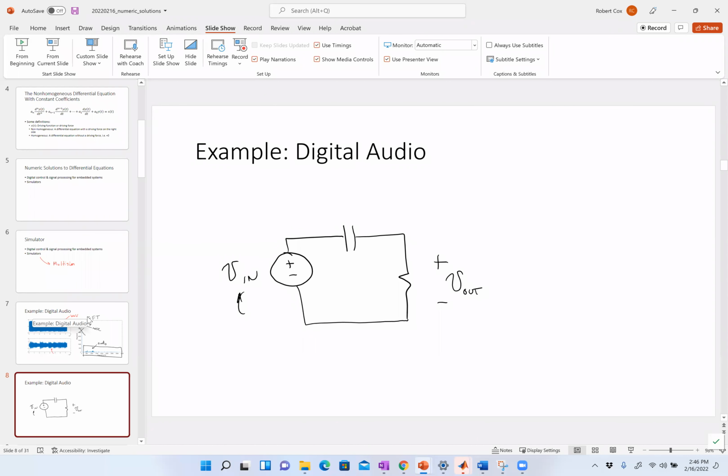Then I could build a circuit like this one. The output here would be the clean one, and this would be the noisy one. In other words, this would be the top wave from the previous slide, and this would be the bottom. This particular circuit is what I would call a high pass filter. That terminology is not all that important to us, but that's what this thing is.